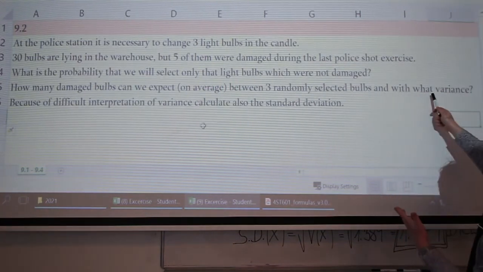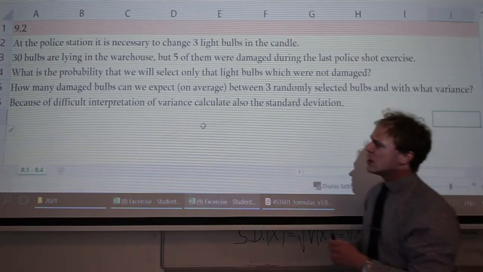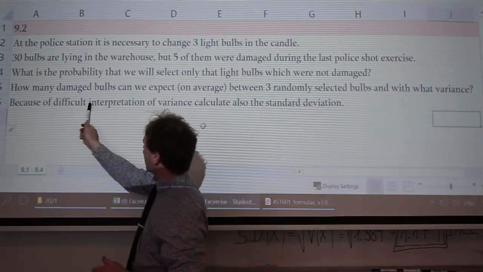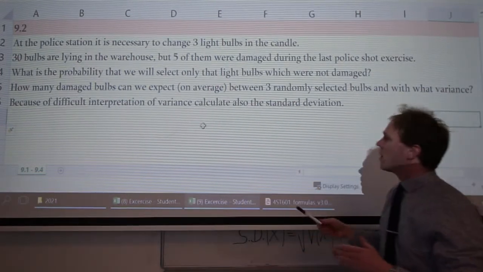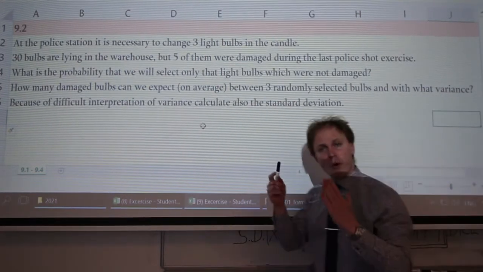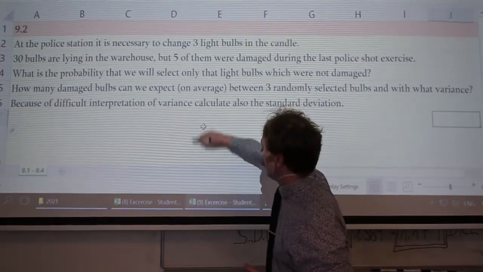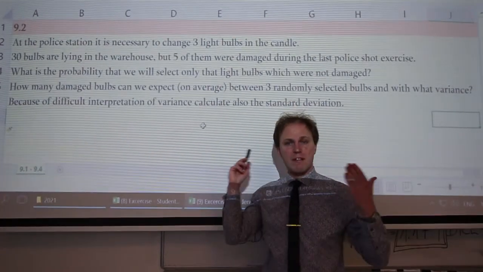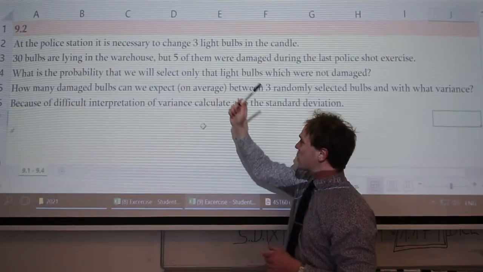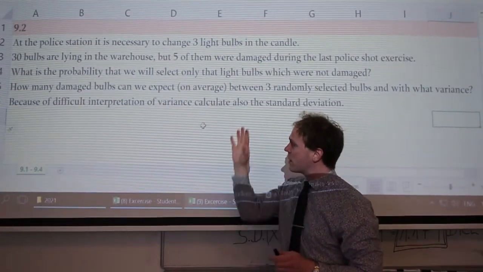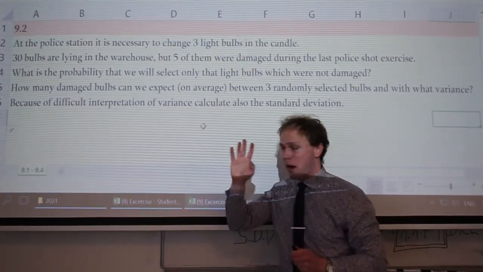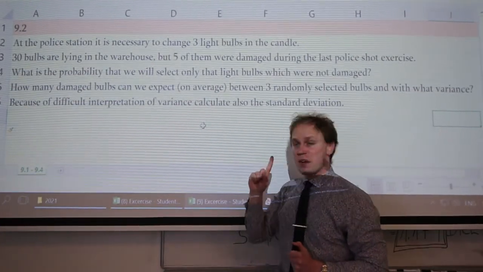And of course with what variance. Because of the difficult interpretation of variance, we will calculate also the standard deviation. You already know that standard deviation is the square root of the variance. So we will solve this example on the whiteboard, and I will rewrite all important parameters from this example on the whiteboard.